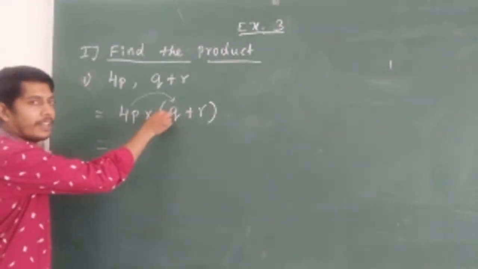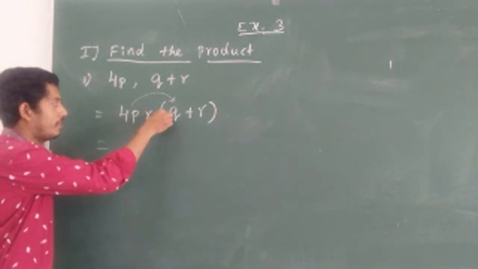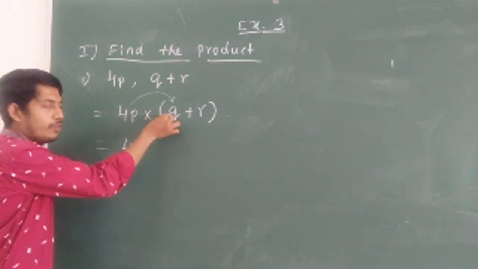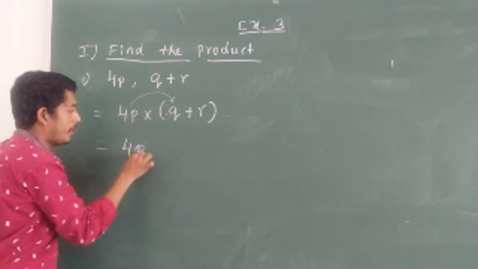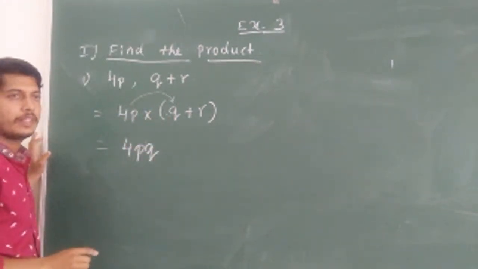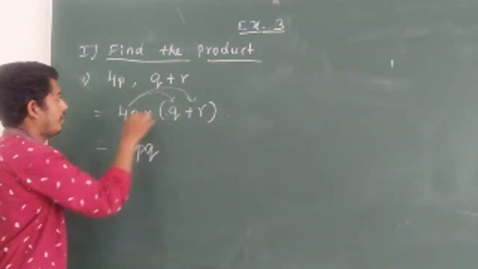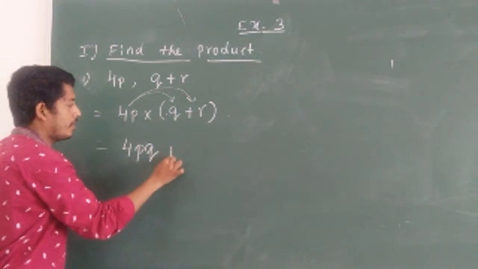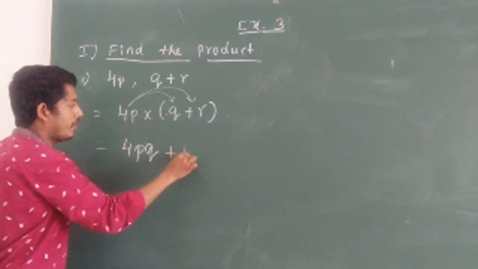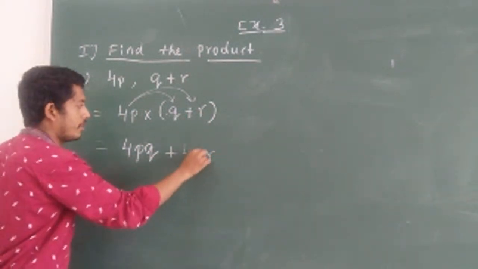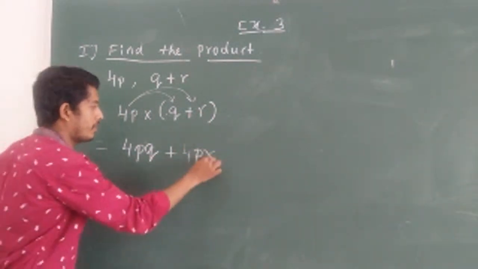Then 4 into 1, nothing is written, that means 1, so 4. p and q, we directly write it, so 4pq. The next step, we multiply the monomial to the second term. Plus into plus, plus. 4 into 1, 4. p into r, pr. This is your solution.